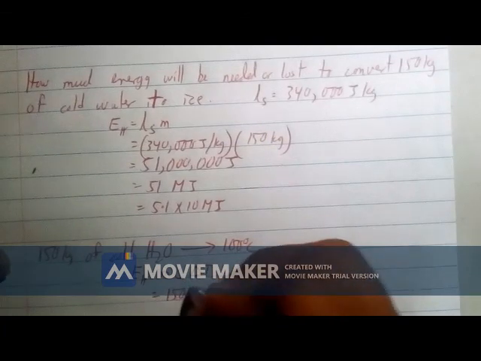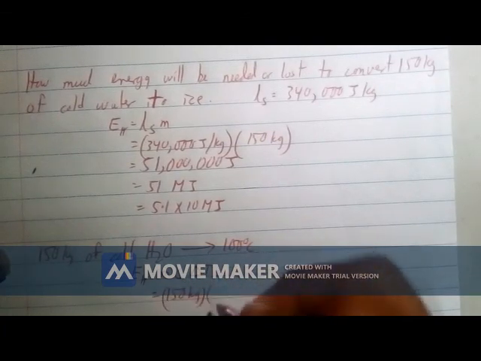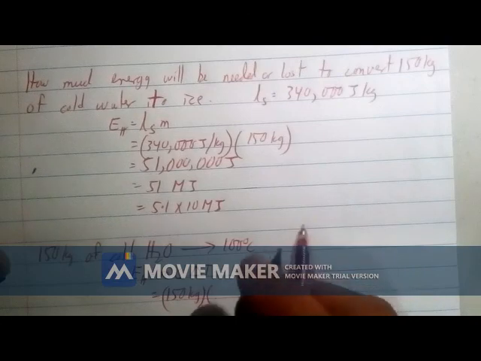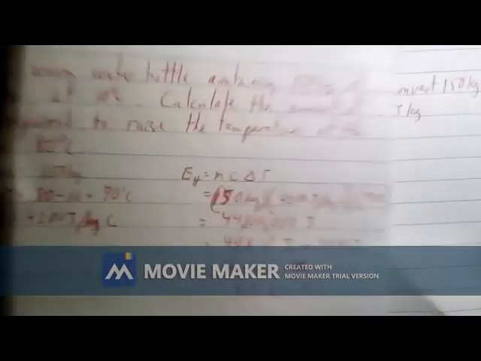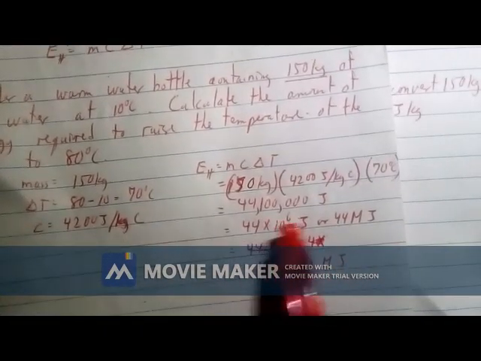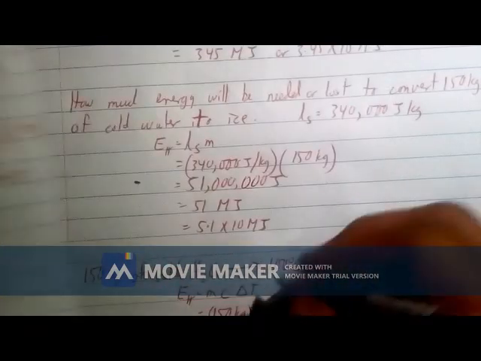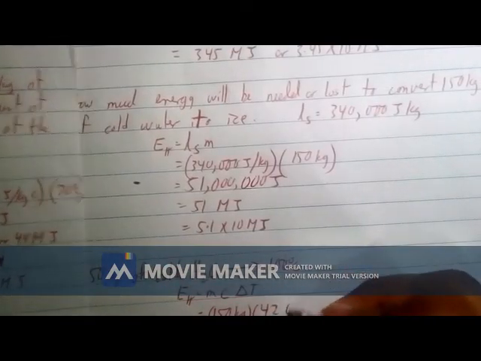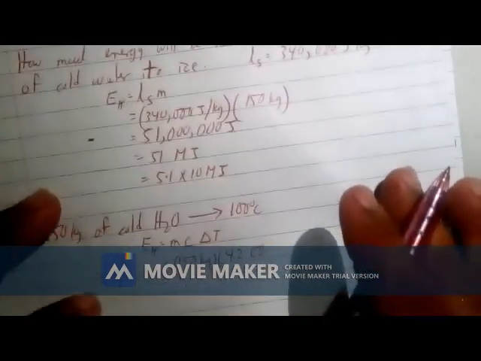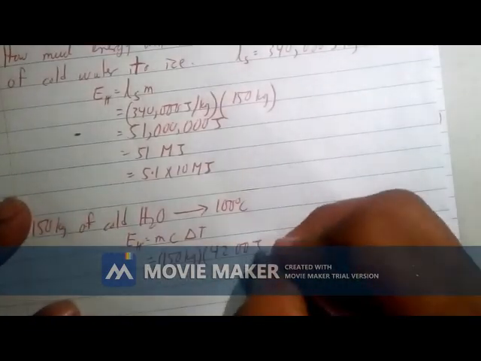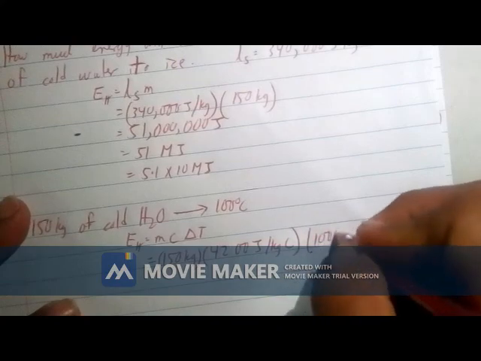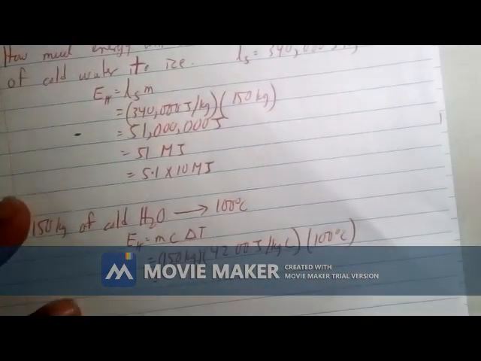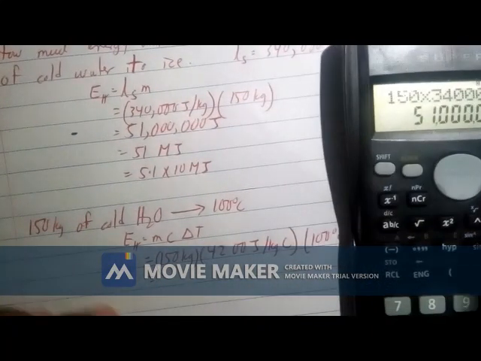The mass is still 150 kilograms. The specific heat capacity of water, from the old problem that we had, is 4200 joules per kilogram Celsius, times 100 degrees Celsius, because that is the change in temperature it will undergo.